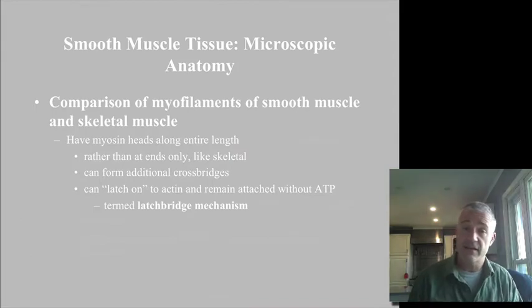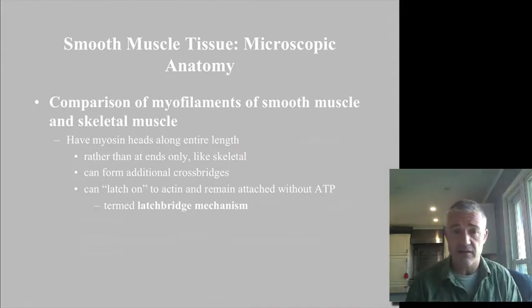One of the differences on these ones is unlike skeletal muscle, we have myosin heads along the entire length of the thick filament rather than just at the ends. What this can do is form more cross bridges. It also means their length-power curve is going to be better because we're not limited in those connections by it only being on the ends.